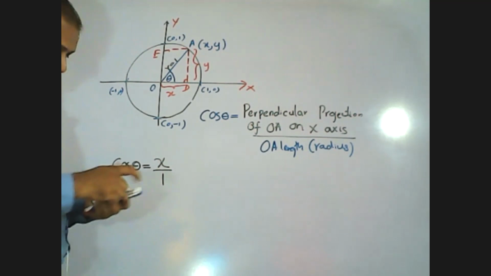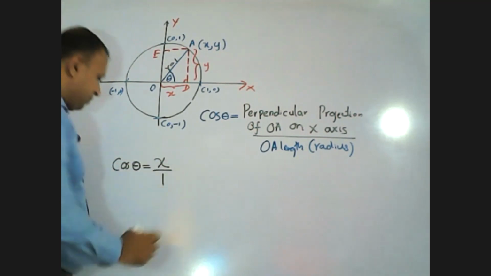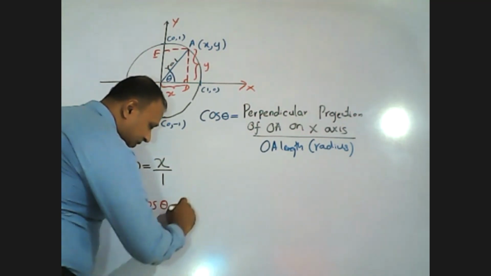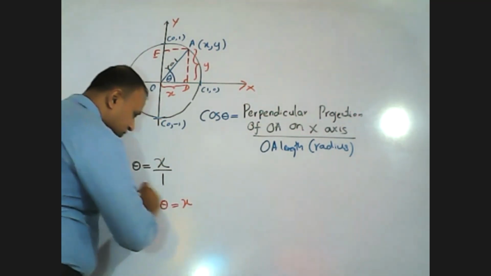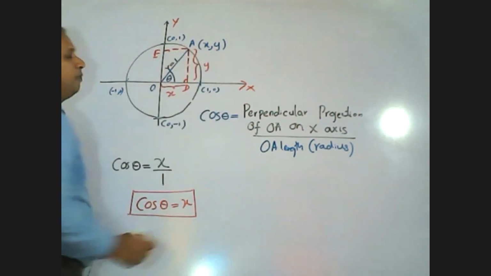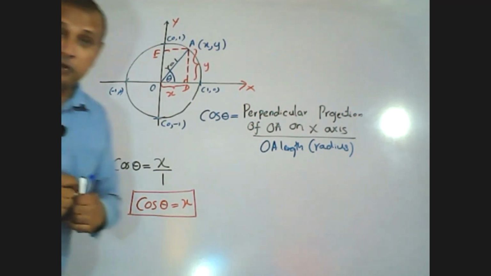So according to that, cos theta is equal to the x coordinate of the particular point.